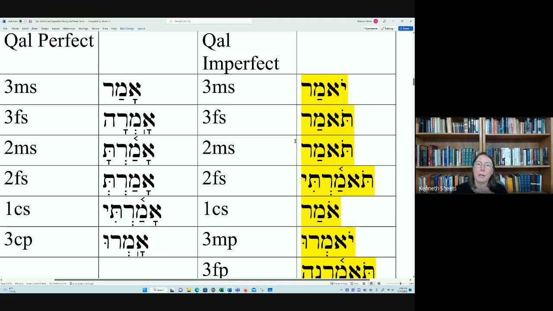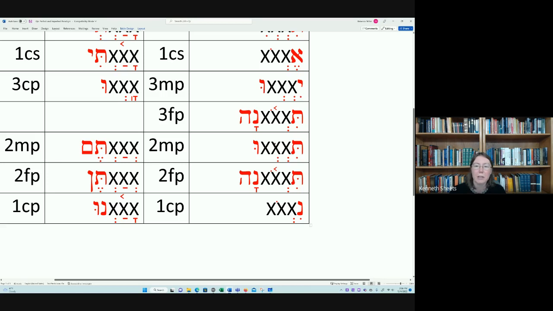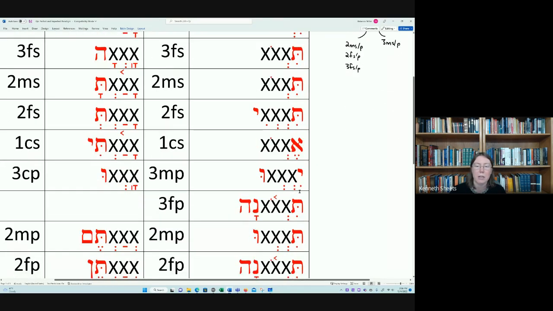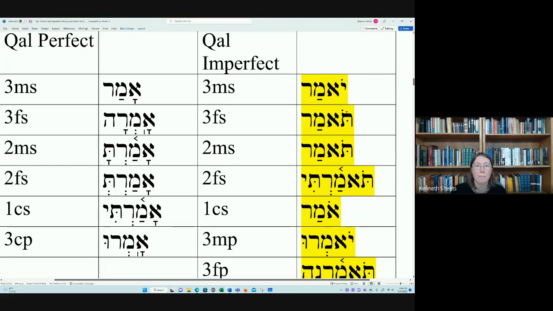Remember when we were dealing with the pointing there in the qal imperfect, we had ye-o, te-o, te-o, te-e, a-o, and so forth. Well, here, instead of having yemer, we have yomar here. And the reason for that change, where we would have expected having a hireq underneath the yod, we actually have the holem there.